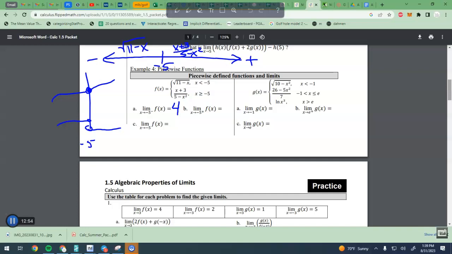So this comes out to, it's not 4, negative 2 over negative 20, like 1/10. Negative 5 squared is positive 25. 5 minus 25 is negative 20. What do you mean negative x?